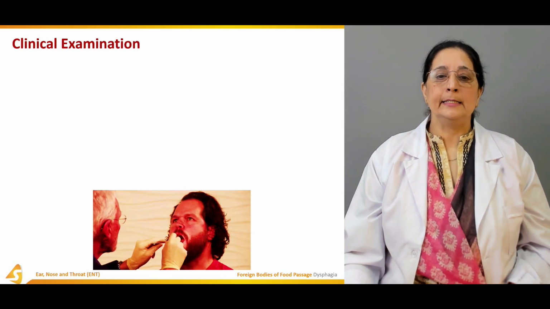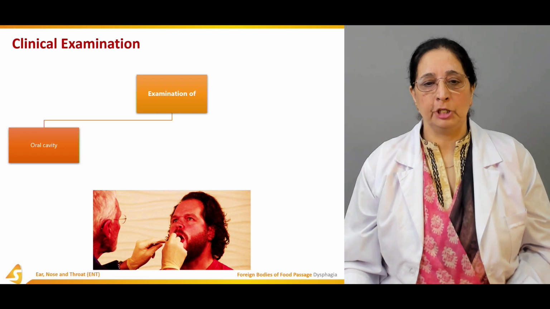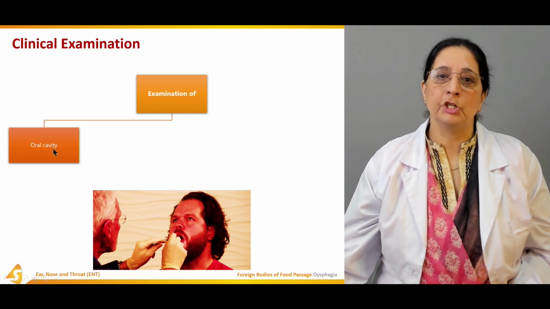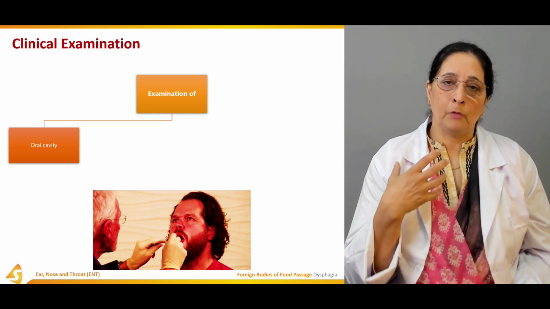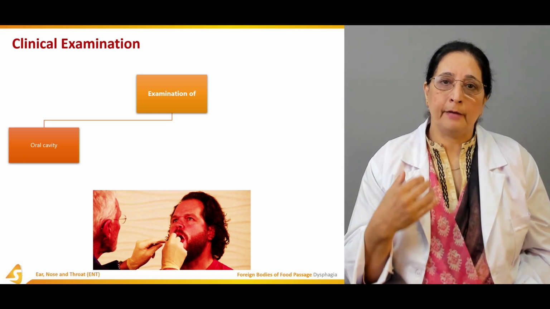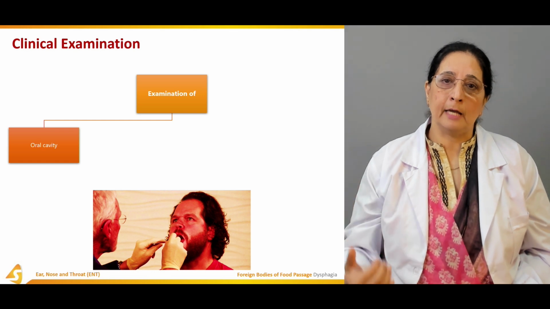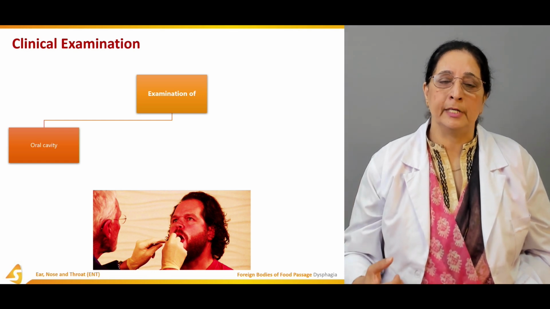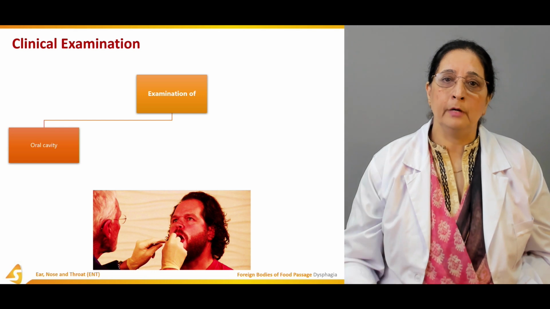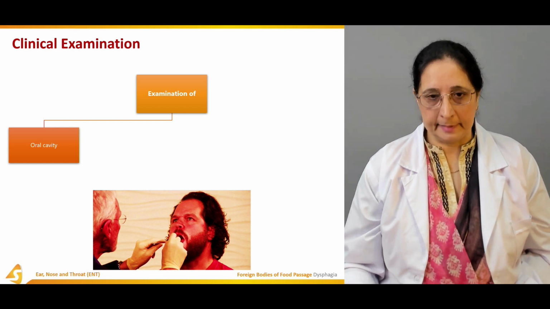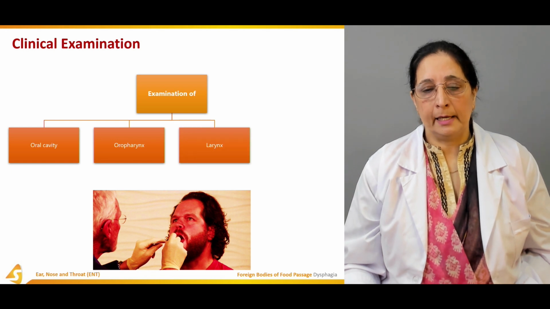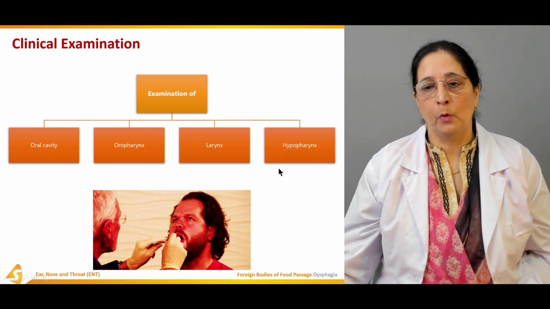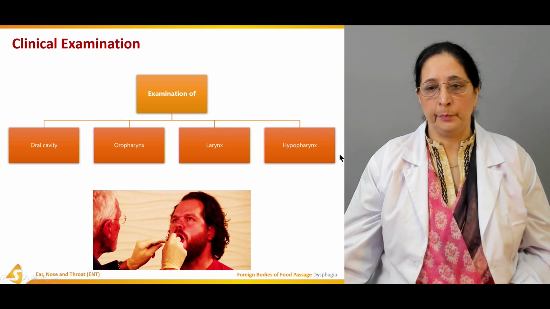Now the clinical examination of the patient. We should do examination of the oral cavity, because we have the oral phase, the pharyngeal phase, and then the esophageal phase of dysphagia. So it's important we should look at the oral cavity also. Oropharynx, larynx, and the hypopharynx, all these should be examined.